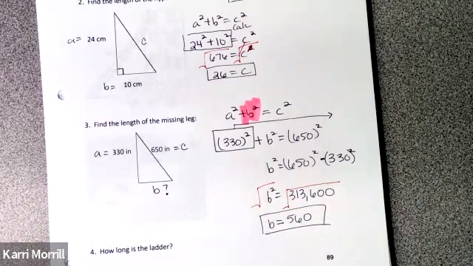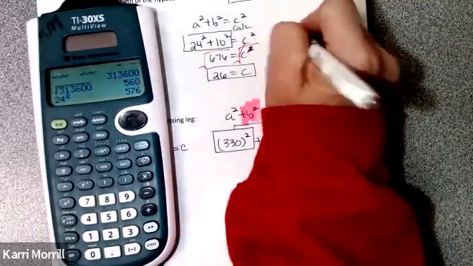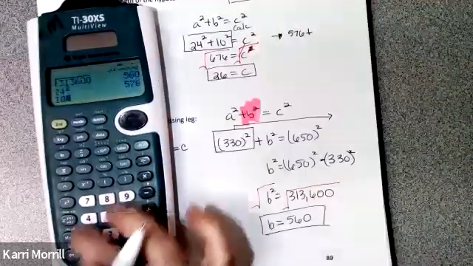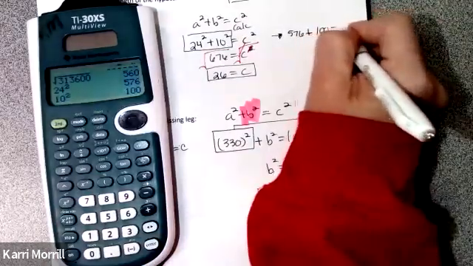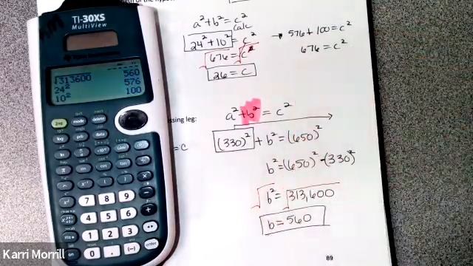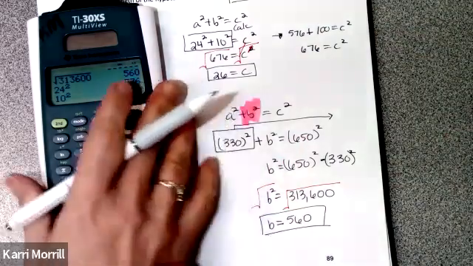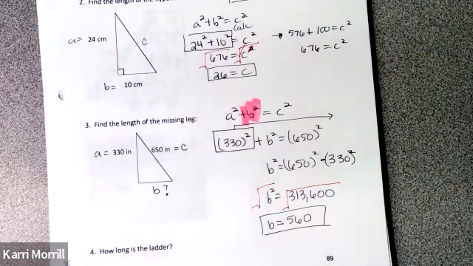I don't like to have to square it and write it down again, but you can just make sure if you are doing that extra step, like in this one specifically, you'd have to do 24 squared was, let's say, 576. 10 squared is 100. You can write those steps out. That's technically what's happening to get to there. But since we have a calculator, I like to just say you can type it all in just like that. You don't have to do order of operations if you don't want to. We learned order of operations a long time ago in this unit or in this class. But if you're doing it just like this, it works out pretty good too.